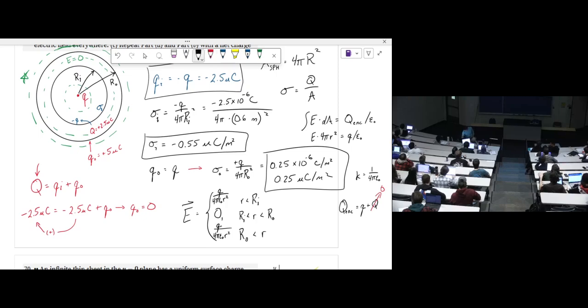So that would be a total of 5 microcoulombs on the top, right? So we're adding the contributions of charge from the point charge at the center and the shell after it. And you could go through and do it layer by layer, but you'd still get the same result, right? Like if you took it as the charge at the center plus the charge on the inner wall plus the charge on the outer wall, you'd still come out with the same result if you've done Gauss's law right iteratively.